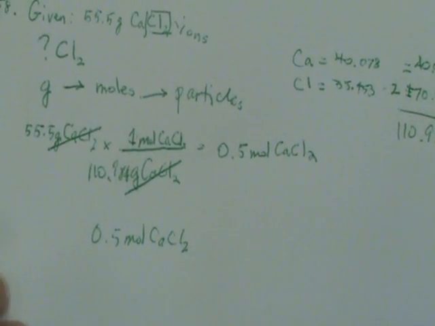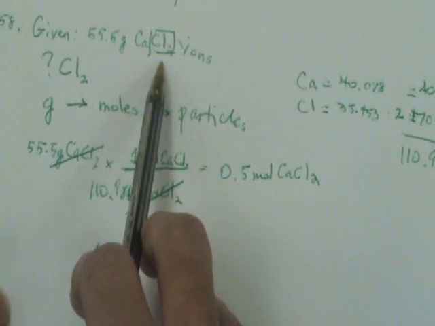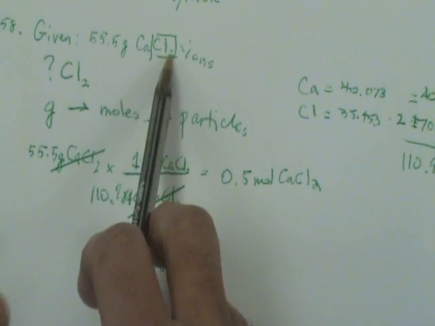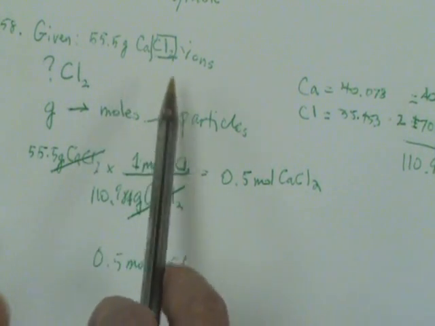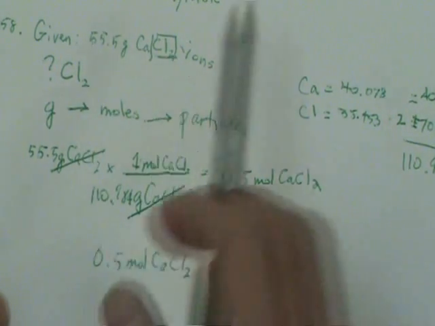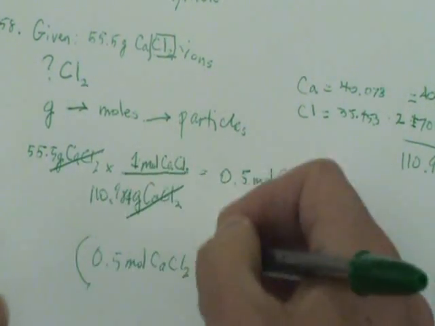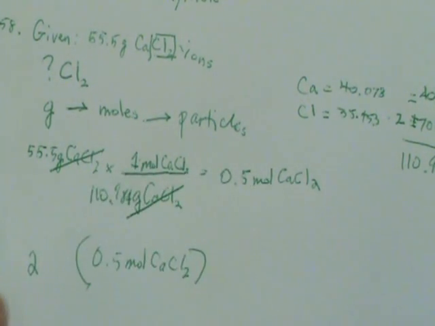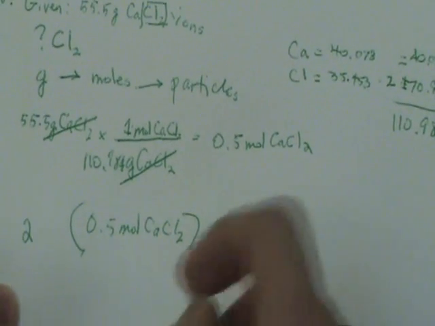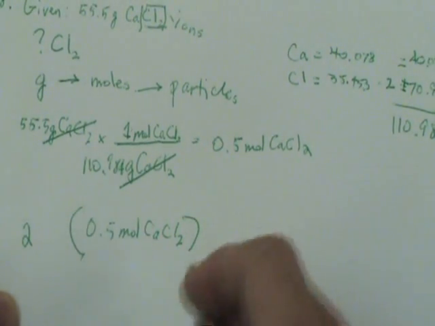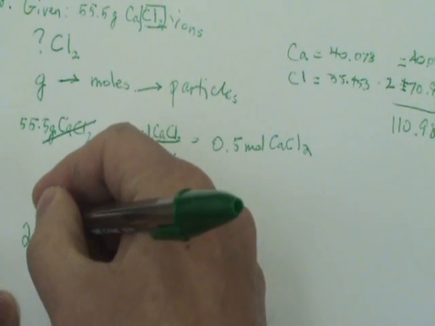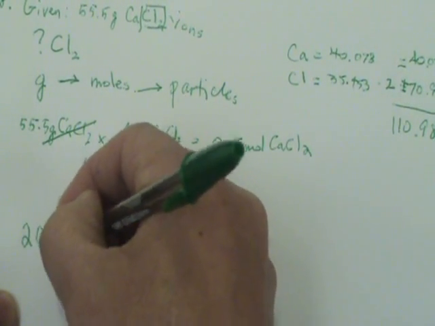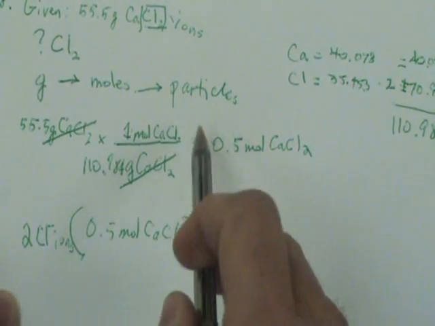Going back to the question, remember it was asking for ions. So we're going to focus on the chloride ion here. If you look at chlorine, how many atoms do we have of chlorine? That's 2. So we're going to multiply the number of moles by 2. That gives us our ions. I'm going to write that here. That refers now to our particles.